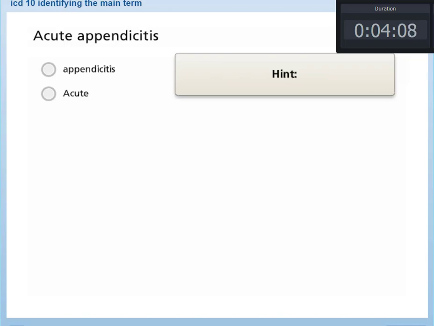They just give additional information that may or may not be in the documentation, but it lets you know that this information is included in this particular code. So for acute appendicitis, if you said appendicitis, you are correct.